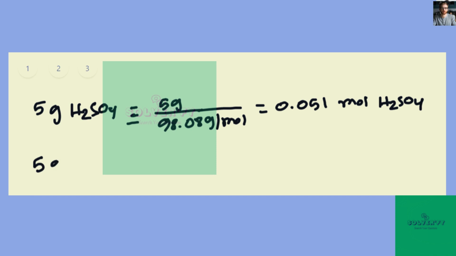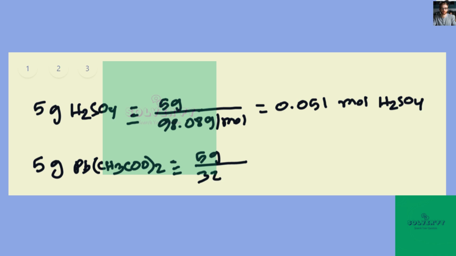And 5 gram lead acetate in number of moles will be 5 gram over the molar mass of lead acetate, which is 325.29 gram per mole, and it will give us a value of 0.015 mole lead acetate.